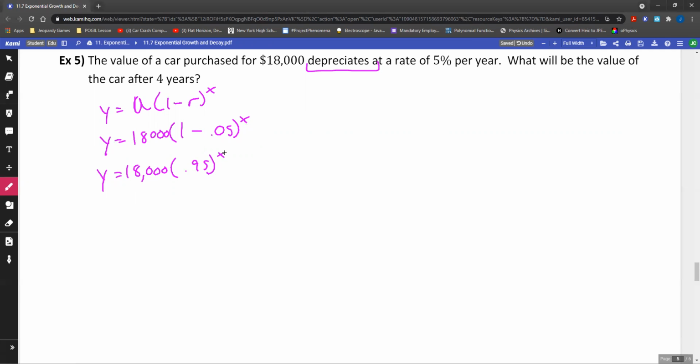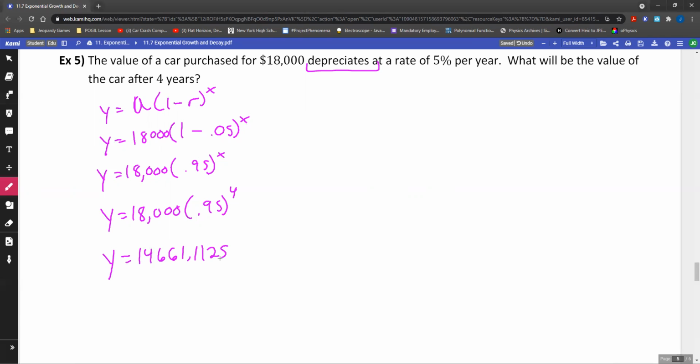They said that they want it after 4 years. So I'm just going to replace this x with a 4 and plugging this in, I get 14661.1125.